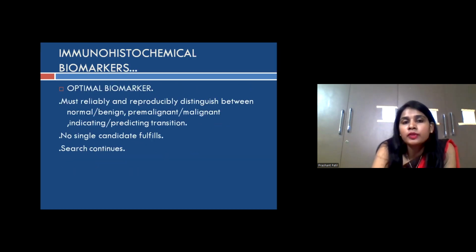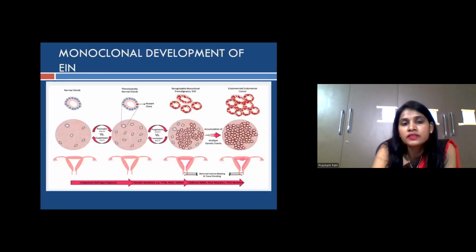So what is an optimal biomarker? It must be reliable, reproducible, and distinguish between normal, benign or pre-malignant, and malignant. But there is no single candidate which fulfills all these criteria, and that is why the search for an optimal biomarker is always on. So this is a picture showing how the gene mutation progression takes place.